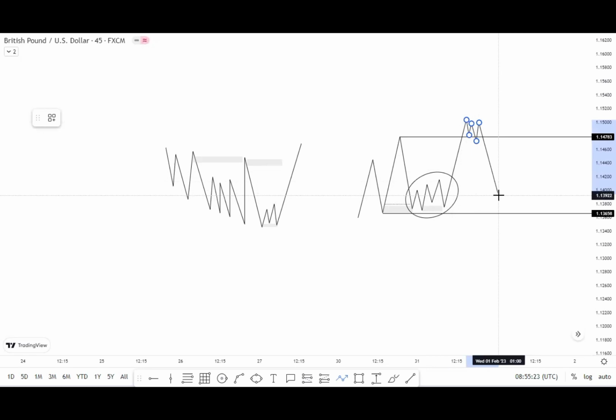So on the higher time frame, we look at sell side liquidity and buy side liquidity. The high we looked at for price to take out was the buy side liquidity for this higher time frame range, and the sell side liquidity was within.